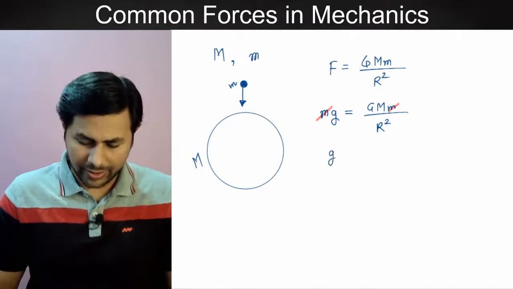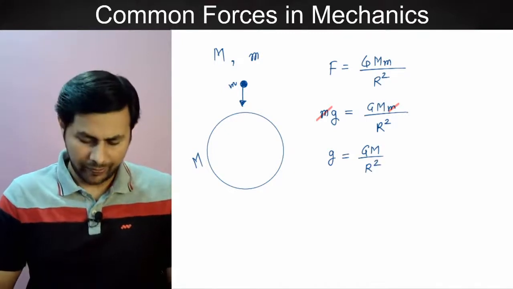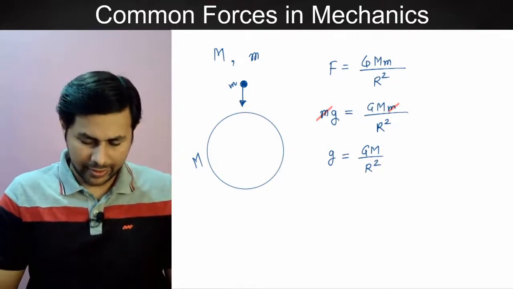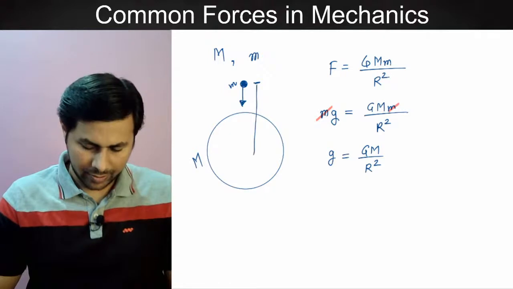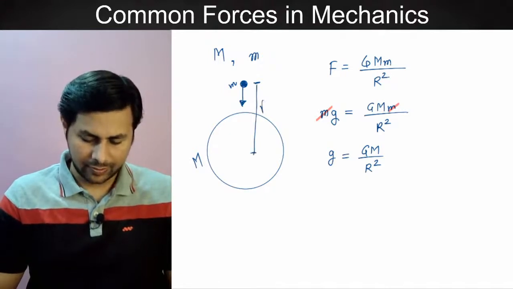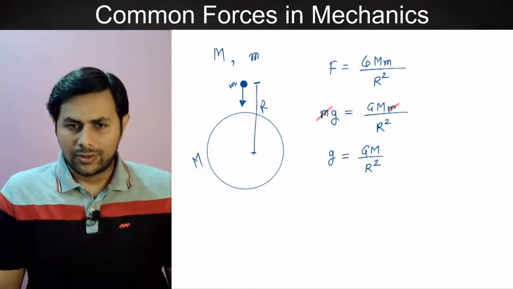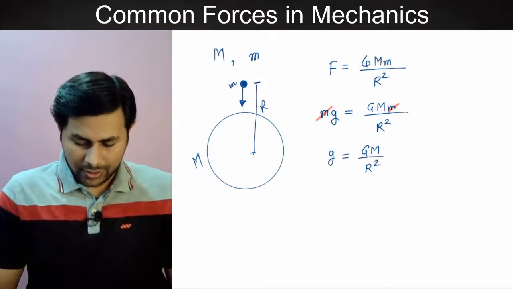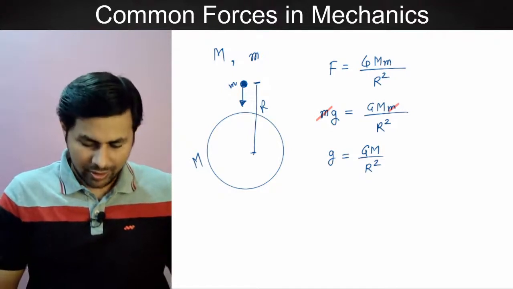You get g is equal to G into M over r squared. So r is the distance between the center of the stone and the center of Earth. Okay, this is r. So this g is inversely proportional to r squared.